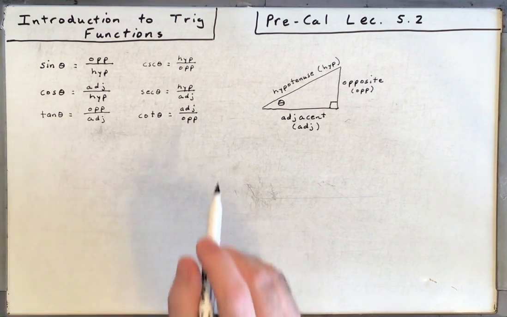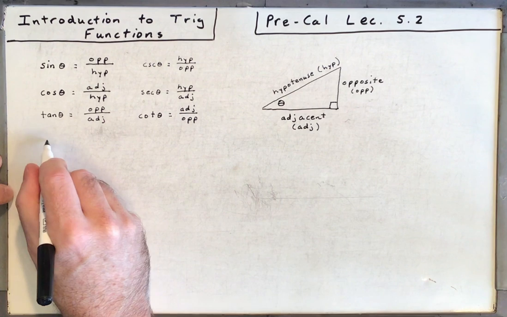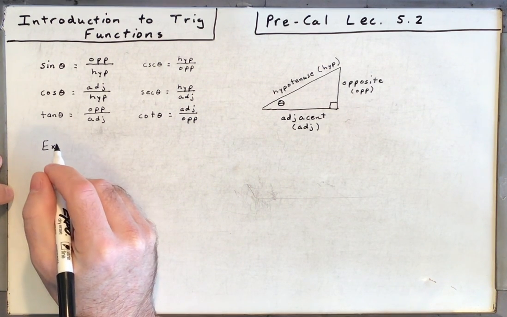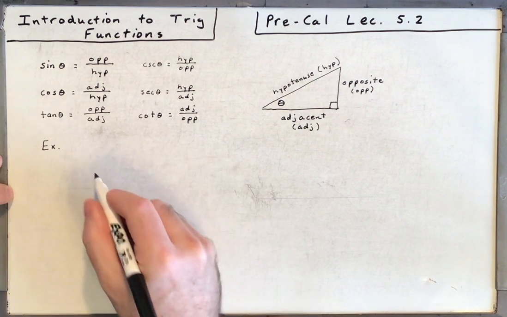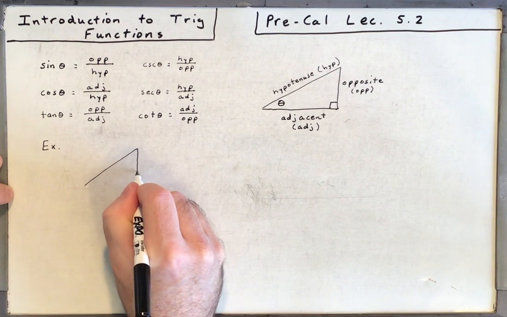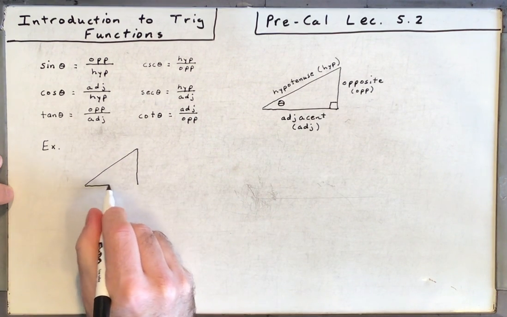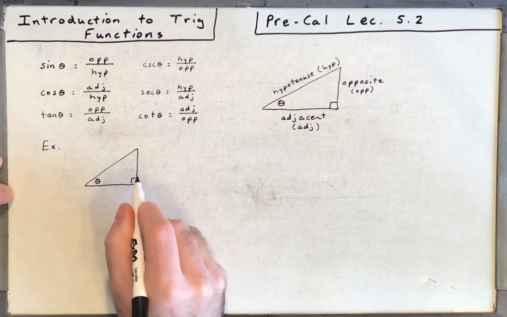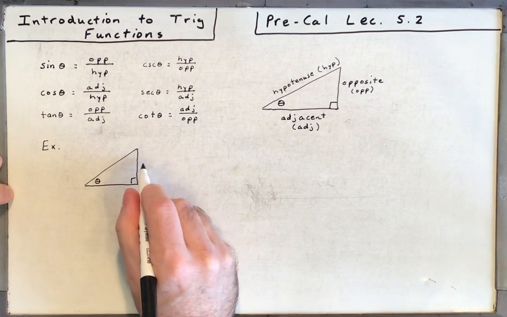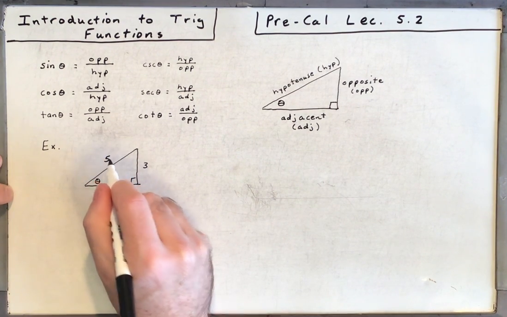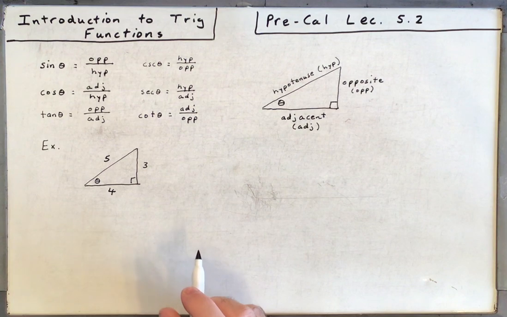Our first example is to compute the functions for theta in the following triangles. Draw this triangle out: angle theta, and this is a right angle. This is a famous triangle, the 3, 4, 5 right triangle.